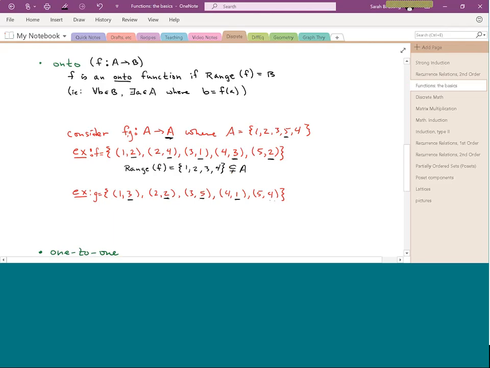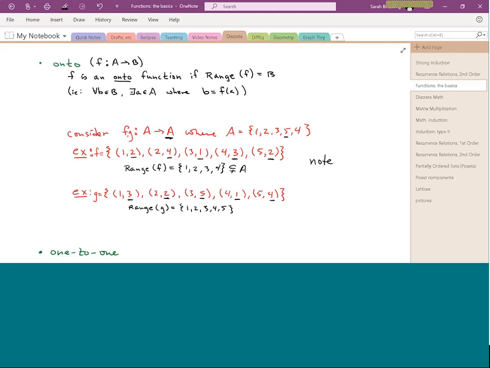We'll look at all of our second positions. We'll calculate this range. So the range of function g looks like it's 1, 2, 3, 4, 5. It looks like we've got all the numbers 1, 2, 3, 4, and 5. What do you think? Is this second guy onto?